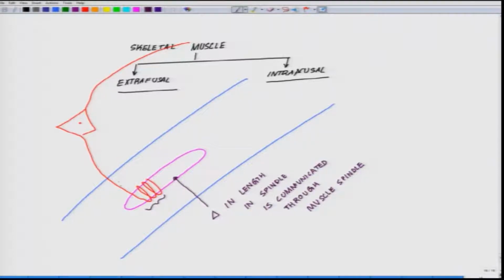There is a train of stimulus which travels along like this.